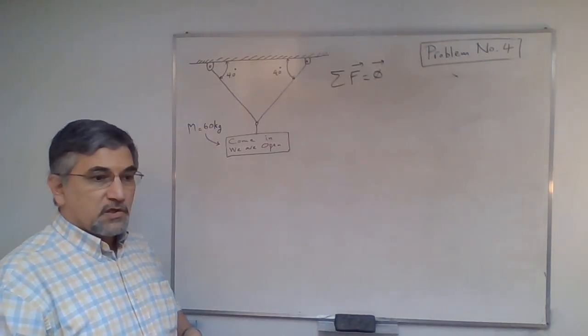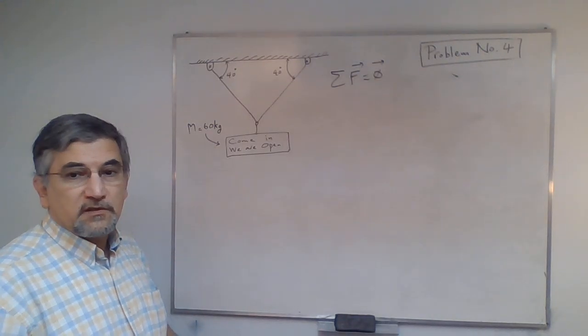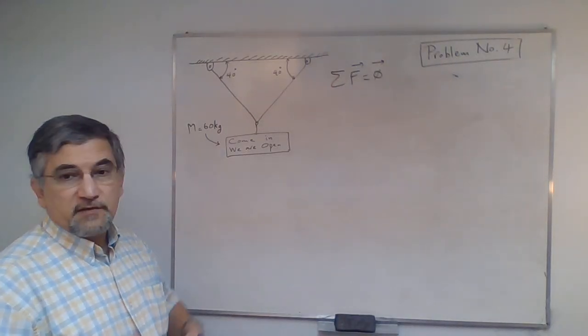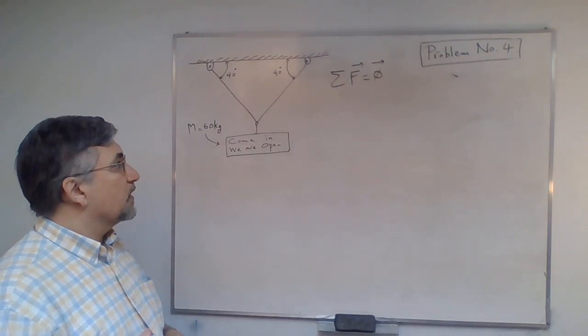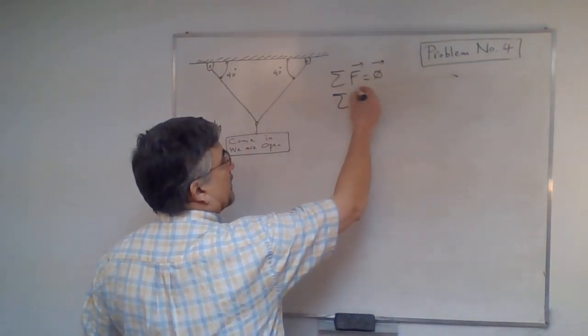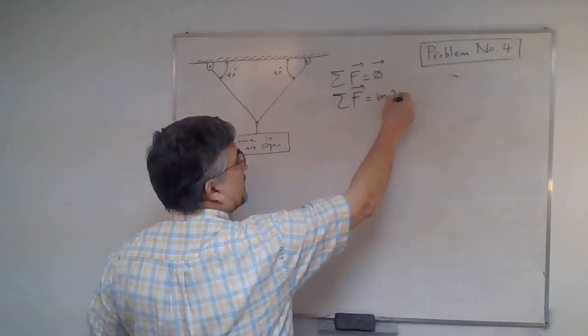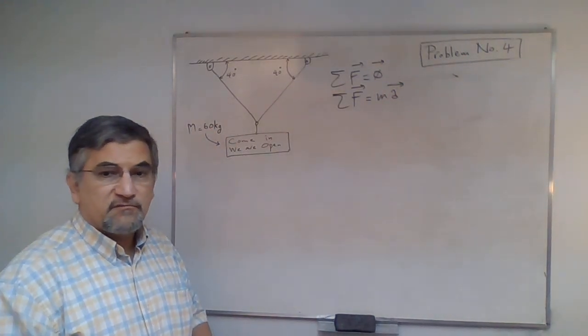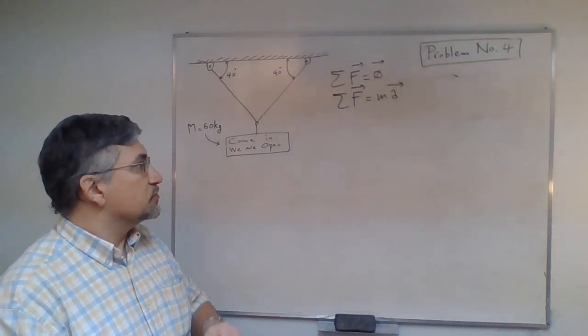And of course, if the object is moving but with a constant velocity, still the same rule would apply. In fact, speaking of dynamics, this formula comes from the second law of motion, Newton's second law of motion.